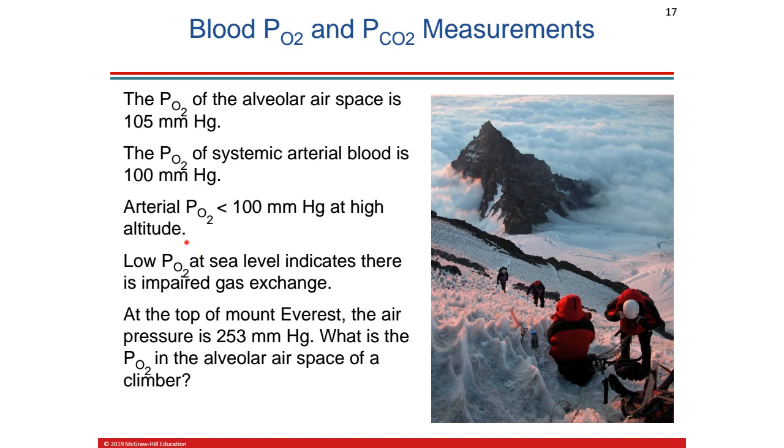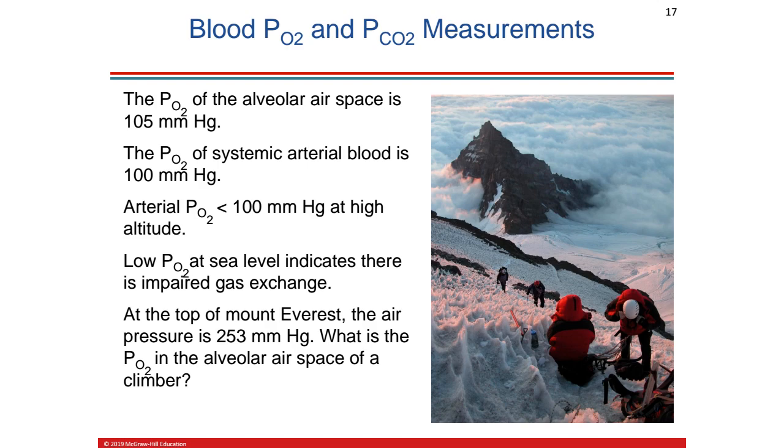And you would expect that to be low, right, because they're at high altitude. In contrast, if you see a low PO2 at sea level, this may indicate that there's an impaired gas exchange. So that could be caused, for example, by pulmonary disease, depressed breathing due to anesthesia, or, for example, respiratory distress syndrome, which occurs in premature infants that don't have enough surfactant.